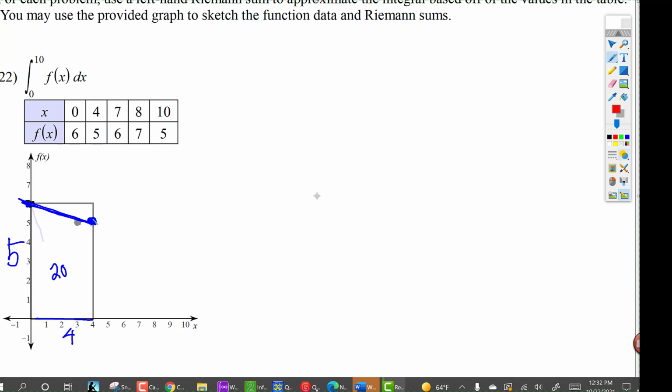At 4 we know we're at a height of 5. And then at 7 we're at a height of 6. So if I do that rectangle, but remember I start at the leftmost point.